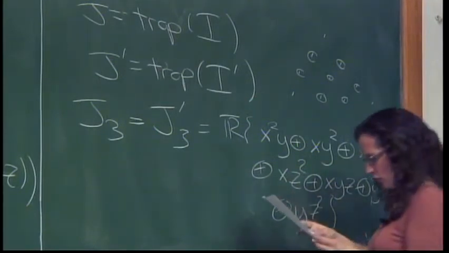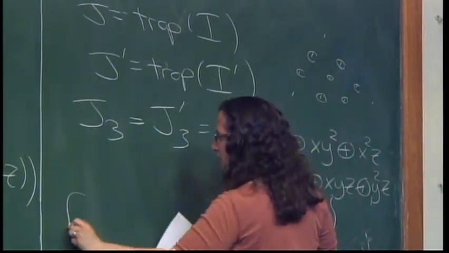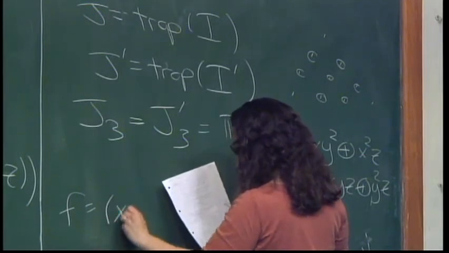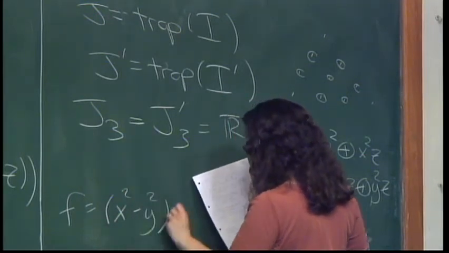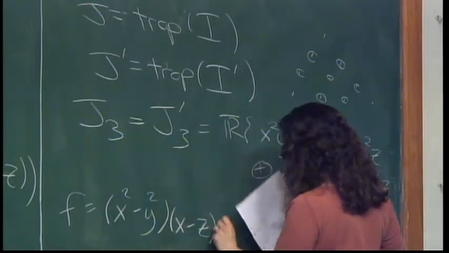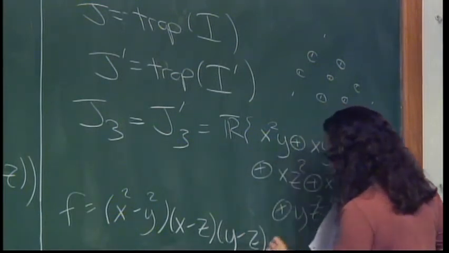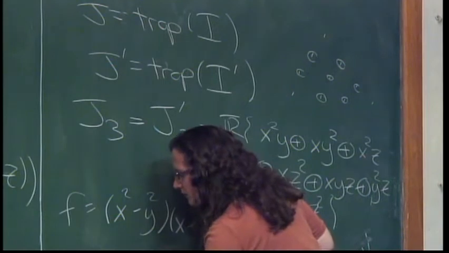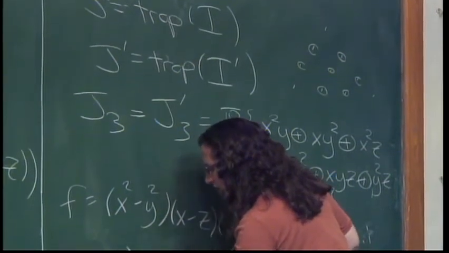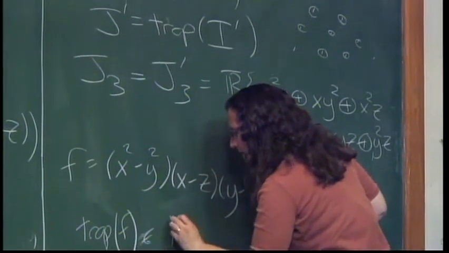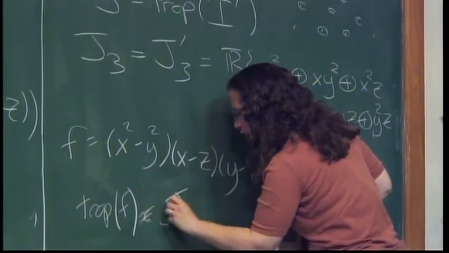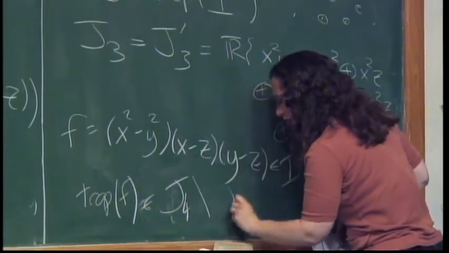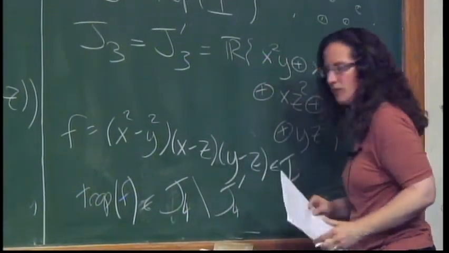In degree 4, you could say f, which is x squared minus y squared, x minus z, y minus z. This is in I, and so trop f is in the degree 4 part of J, but not in the degree 4 part of J prime.